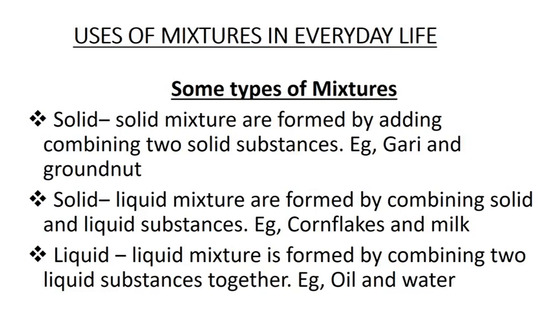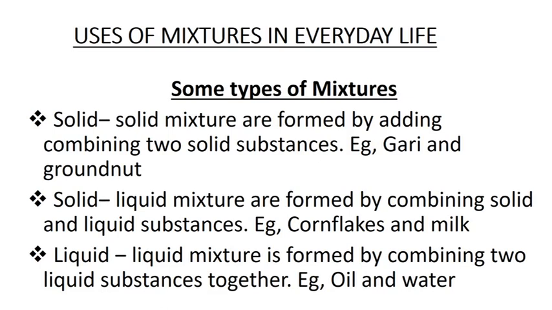We have some types of mixtures. We have the solid-solid mixture, which is formed by adding two solid substances. Gari and granite is a good example. Then we have the solid-liquid mixture, which is formed by combining solid and liquid substances. Example, cornflakes and milk. And the final one, the liquid-liquid mixture, which is formed by combining two liquid substances.